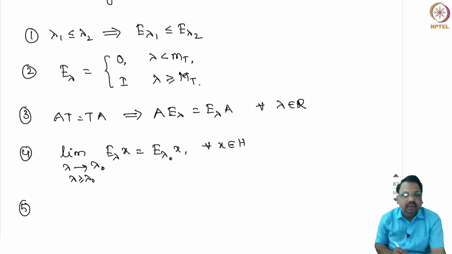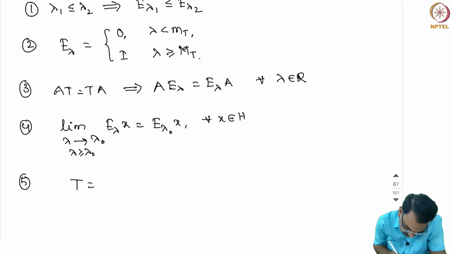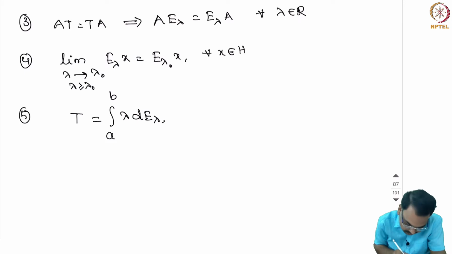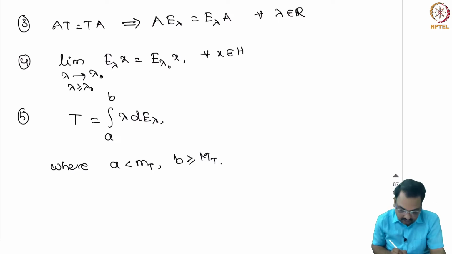The fifth condition is that if you integrate with respect to E lambda, T can be obtained by integrating over the spectrum of T, or we can say T is the integral from a to b of lambda dE lambda, where a is a real number less than m suffix T and b is a real number bigger than or equal to capital M suffix T. We have already explained the meaning of this integration, and the right hand side operator converges to T in the operator norm.